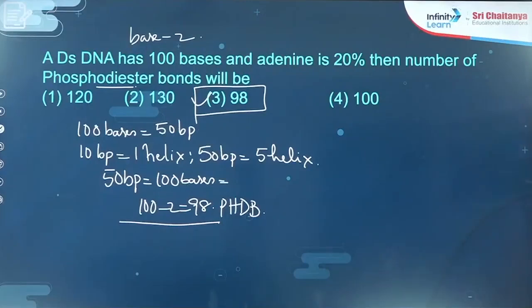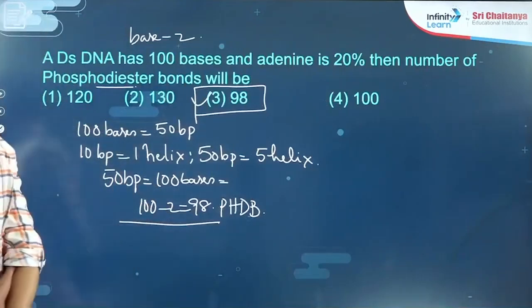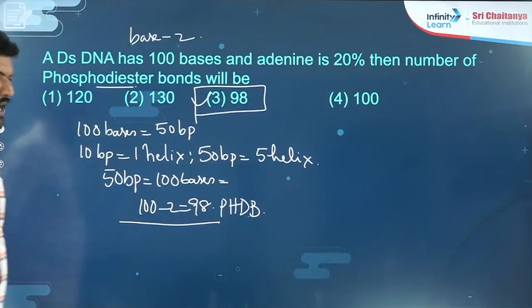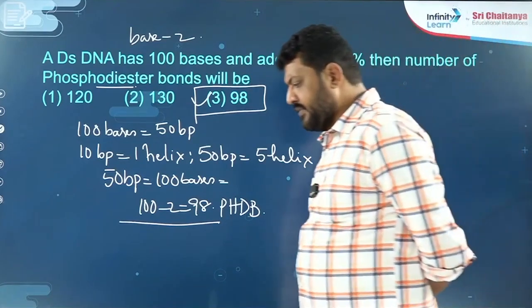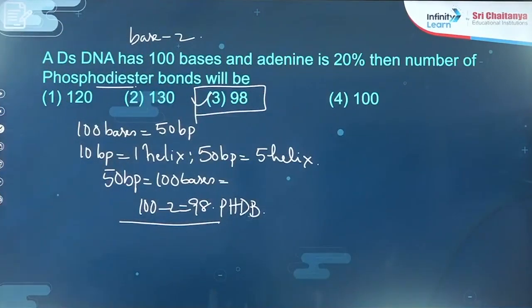What is the rule for the number of phosphodiester bonds in a double stranded DNA? In a double stranded DNA, phosphodiester bonds is equal to bases minus 2. Already it is given, the number of bases is 100. Then bases minus 2 is equal to 98.